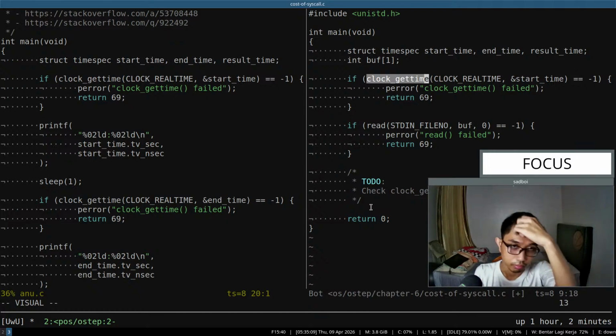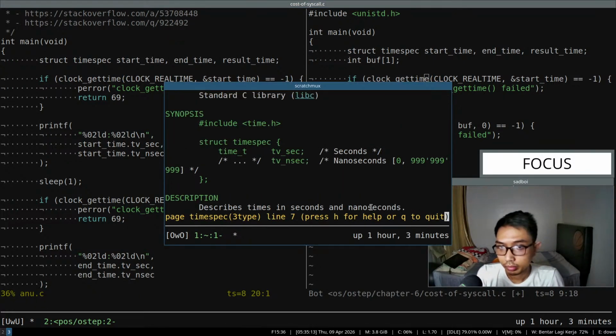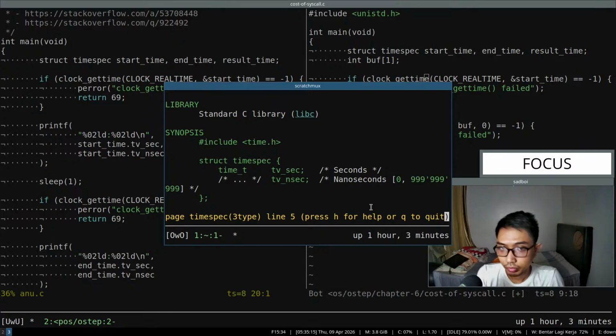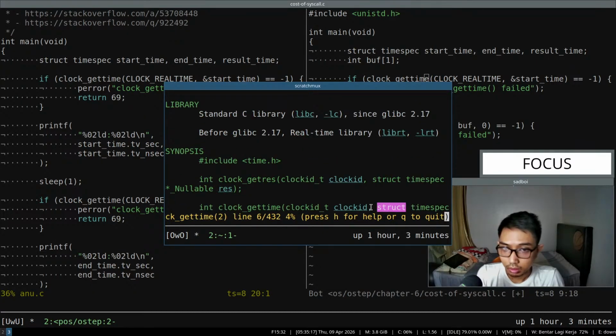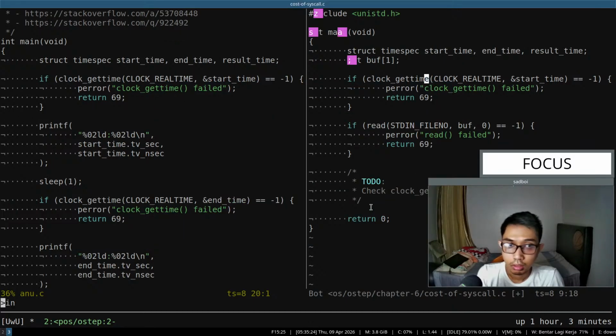Get time. Maybe I can combine this, I guess. Let's find out.